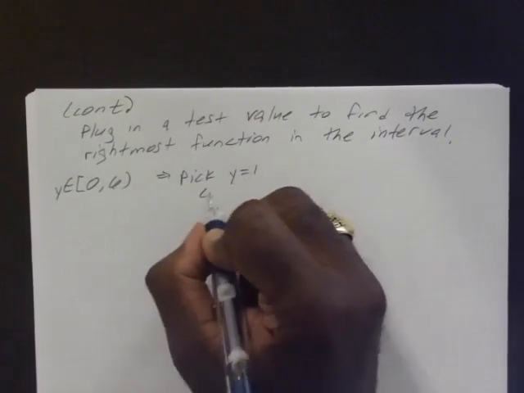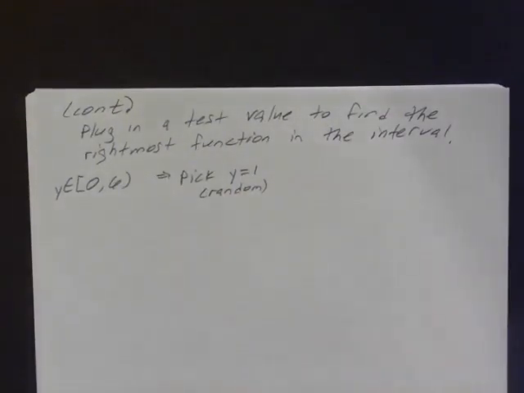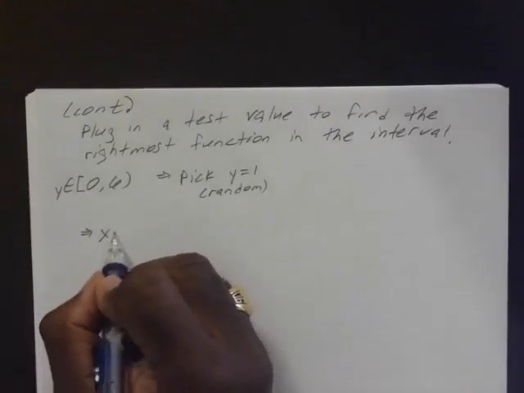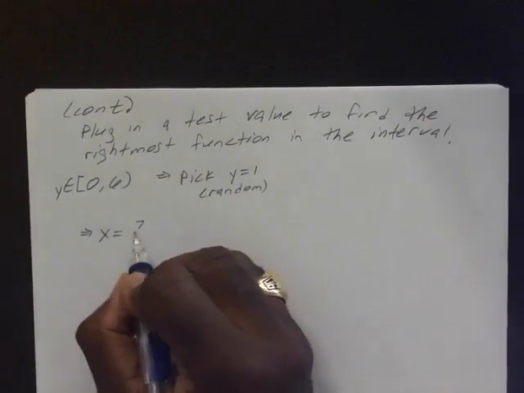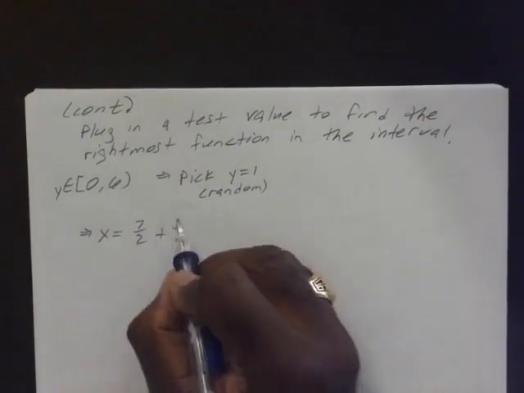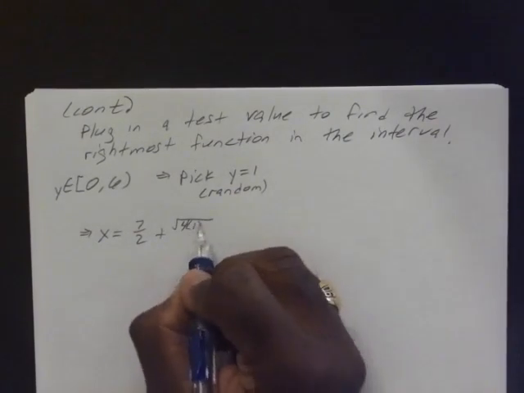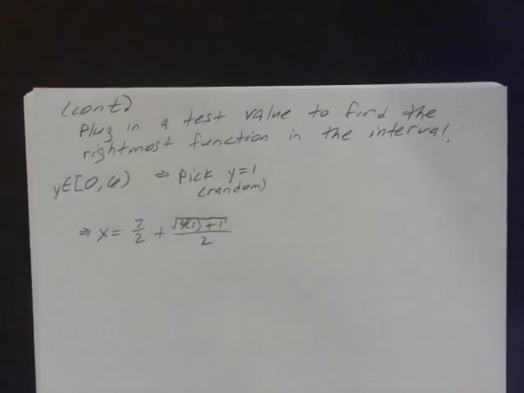y is equal to 1. Again, that's completely random. You can pick whichever value you like. So we have x is equal to 7 over 2 plus the square root of 4 times y, so 4 times 1, plus 1, divided by 2.